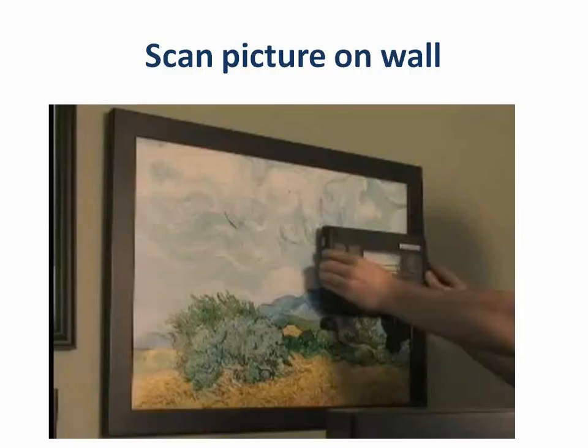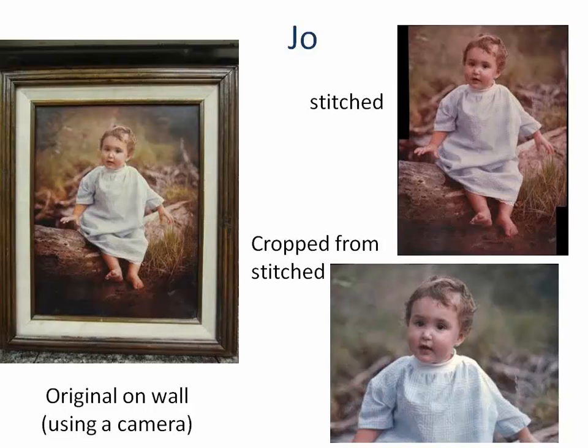Here's an example. If you had a picture on a wall that's in a frame and it's behind a piece of glass that's flat, here you just hold the scanner up and you do multiple scans and give it to our Easy Stitch software, and it'll put it all back together again for you. On the left-hand side, you see there's a picture on the wall and it's framed. Wonderful, beautiful picture. Very old though, and you don't want to take that frame apart or try to take the picture out of the frame in order to scan it.